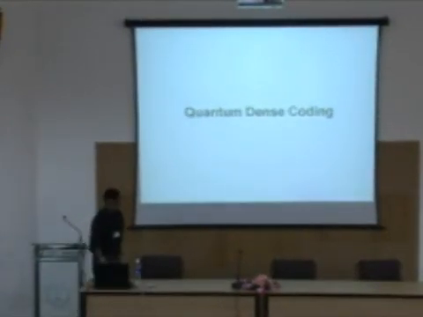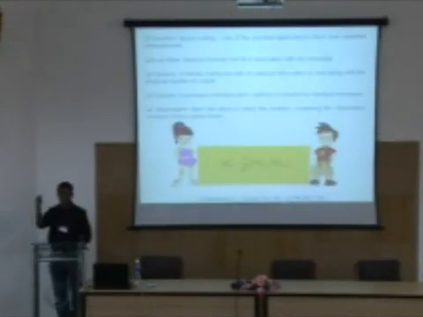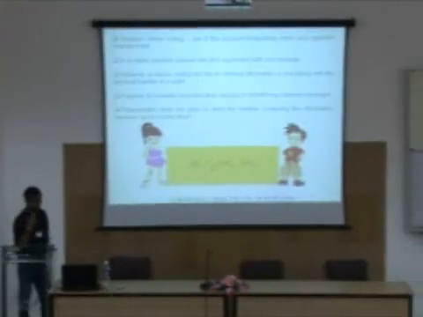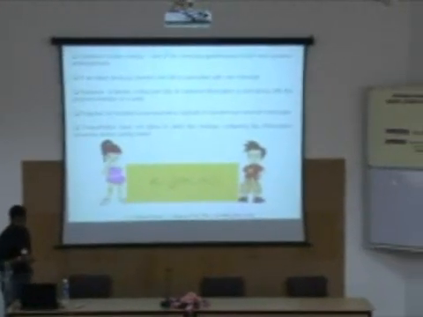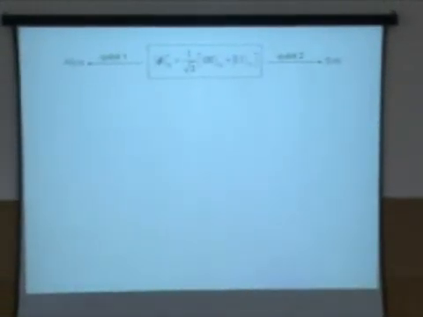Coming on to another application, that is quantum dense coding, which is one of the simplest applications that utilizes quantum entanglement. Here if we consider Alice and Bob to share one of the entangled states represented here, such that qubit 1 is with Alice and qubit 2 is with Bob.